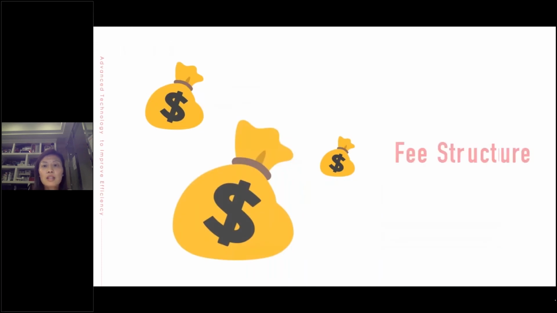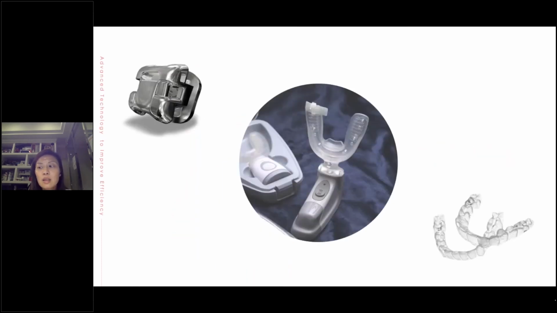So how about the fixed structure? Truthfully speaking, during the initial phase, when I was looking for the device to be combined into the orthodontic treatment for my patients, I didn't have any suggestions or advice from anyone.